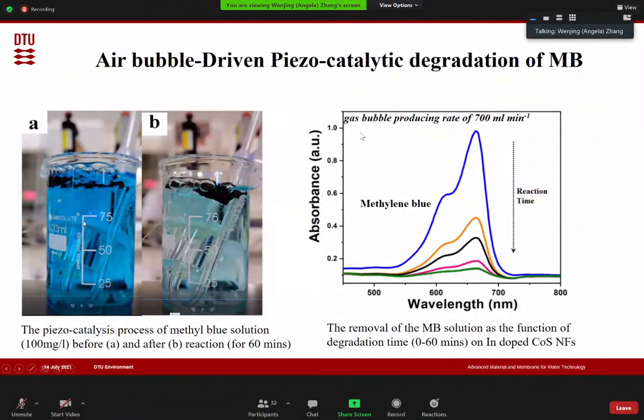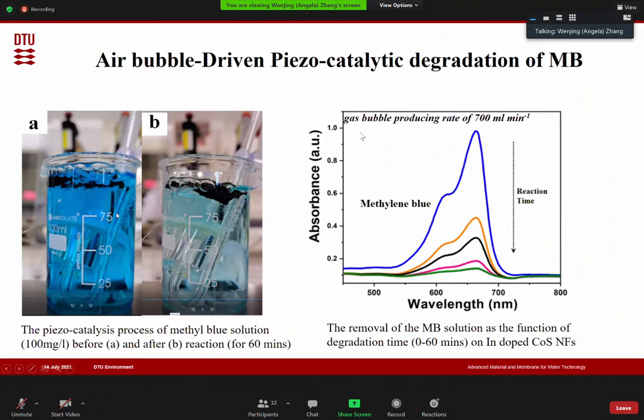So we put it into the water on top because it's super light and porous. It floats on the surface of the water. Then you can see there is a tube to introduce the gas bubbles. Once the gas bubbles come in, you can see those black nanofiber membranes are like dancing around with the bubbles on the surface of the water.